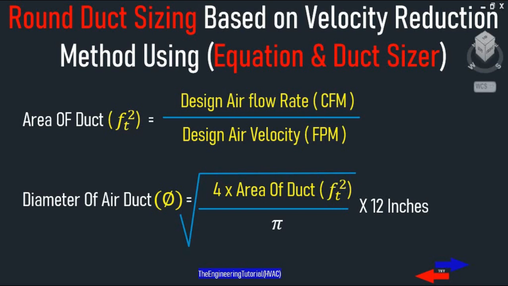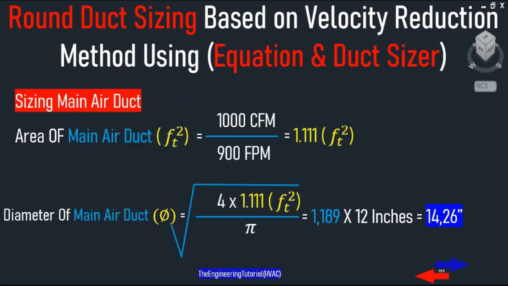Then to find the diameter of the duct, take the square root of 4 times area divided by pi, and multiply by 12 inches.